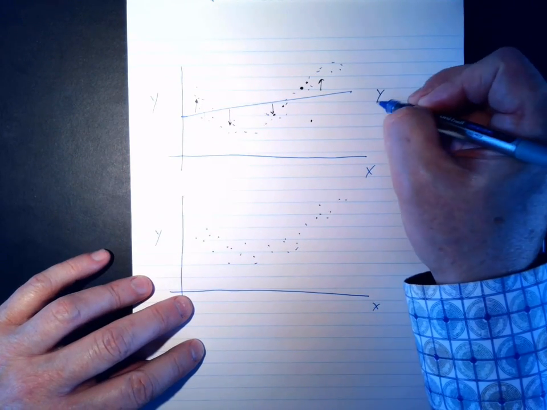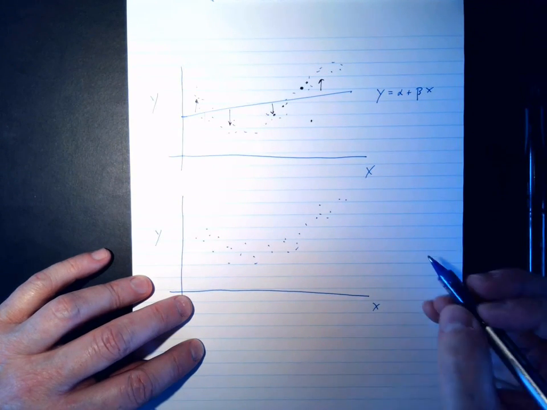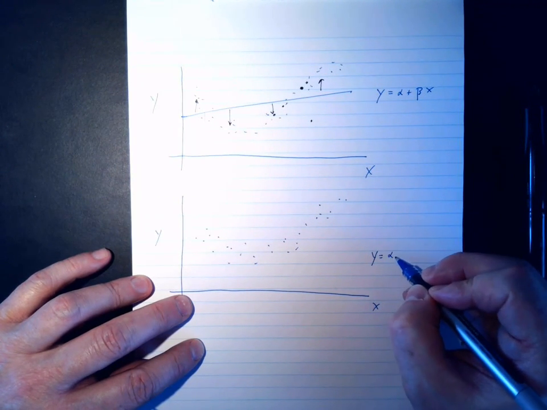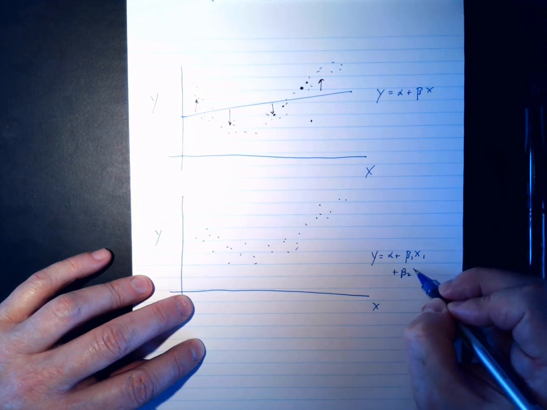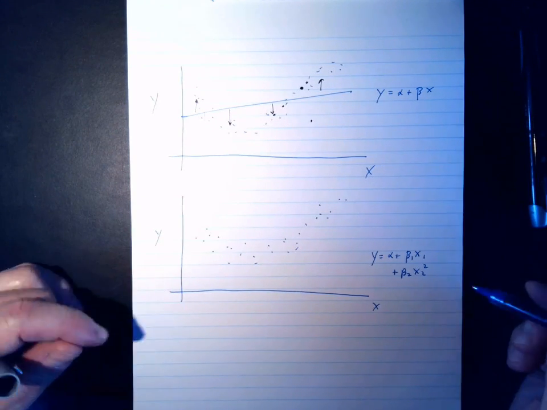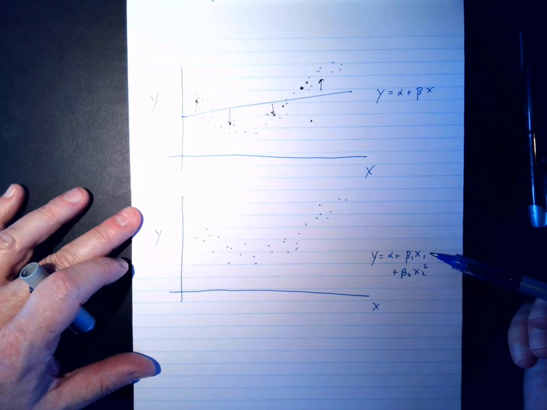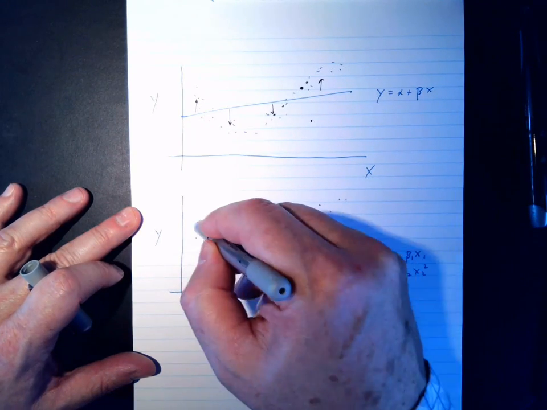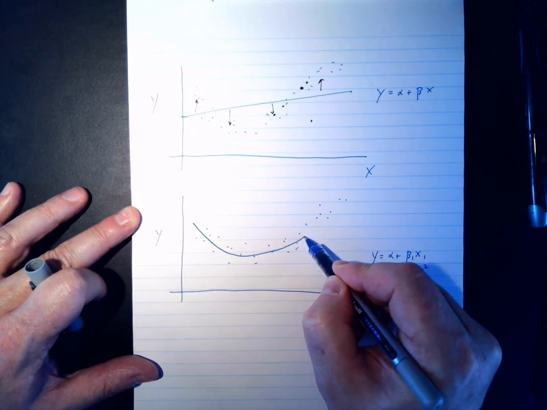So this was a regression of y equals alpha plus beta x. If we do y equals alpha plus beta 1 x1 plus beta 2 x2 squared, so we're going to allow a quadratic equation, then you're going to end up with a fitted line that looks something like that.